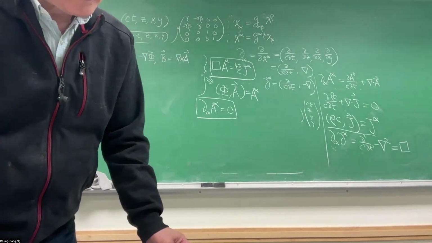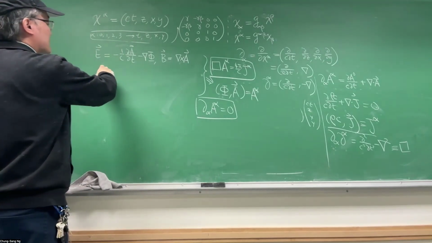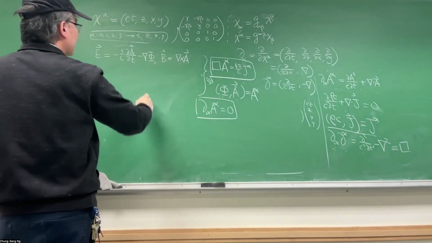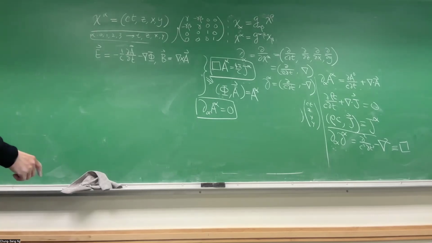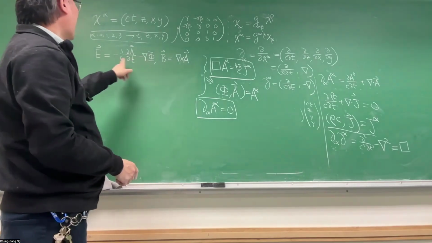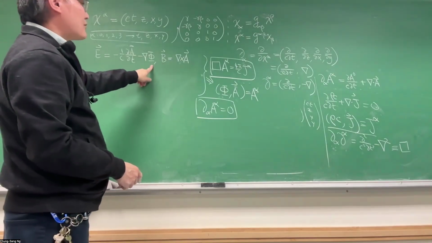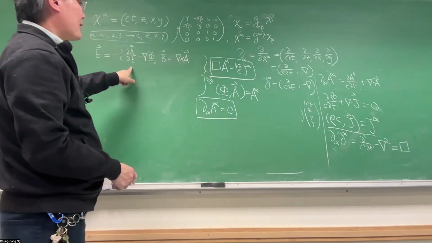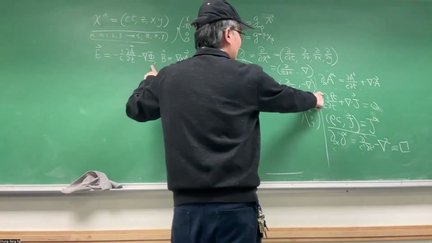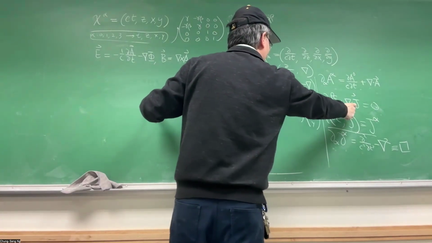Now, these operations don't seem to be easy to make either B or E, or a combination of them, into a four vector, because that doesn't match the form that we have here. It is partial T of the vector and gradient of phi, while this is partial T of a scalar and then the divergence of a vector.